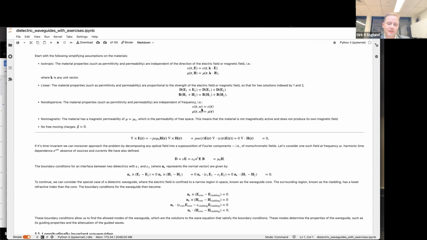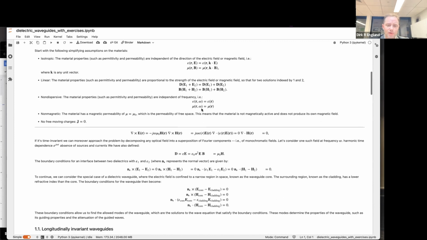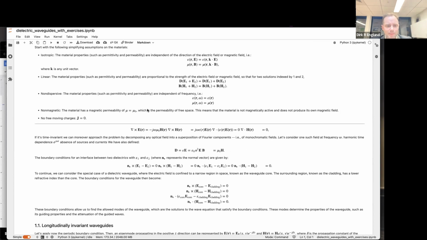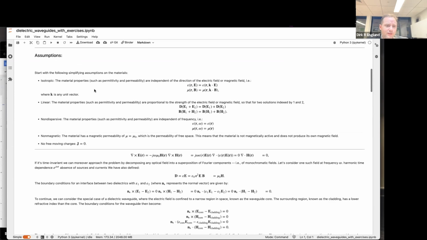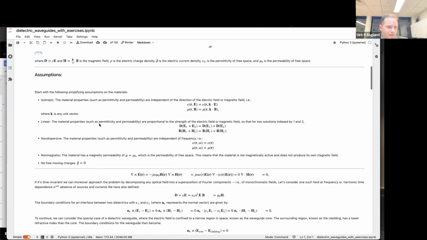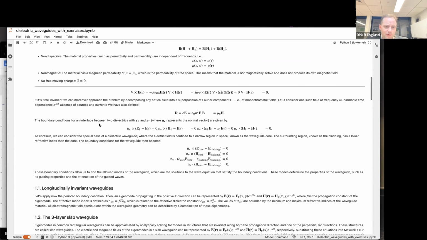Provided that the dispersion is relatively small, you can still use the same exact treatment as before, and the material is non-magnetic. That is to say, the material has a magnetic permeability that is the same as the permeability of free space. So the material is not magnetically active and it doesn't produce its own magnetic field. And finally, let's assume that there are no free moving charges and that the space charge density, which I forgot to include here, is also equal to 0.